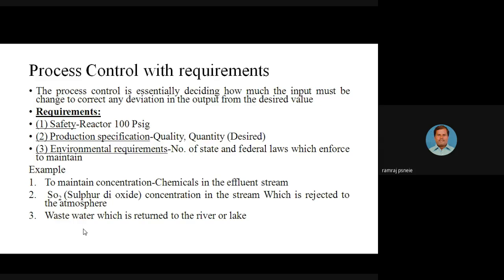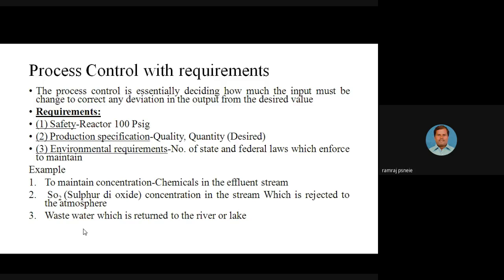Suppose you want to change the output of the process, at that time you need to change the input, since the output value depends upon what you are giving as input. So if you want to make any changes in the output, you can change the value of the input. That's the key idea.